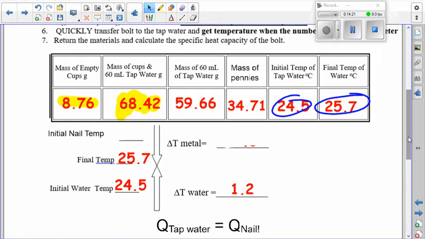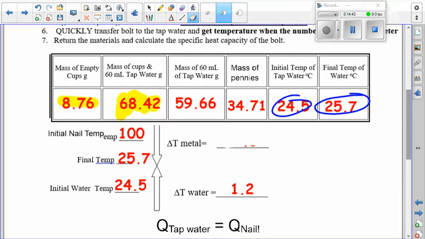Okay, now this part is a little bit trickier, the delta T of the metal. So what temperature does the nail start at? What temperature does the metal in general always start at in these labs? 100, because you boiled it for 5 minutes. Boiling water is always at what temperature? 100 degrees. So if something's in boiling water for 5 minutes, it's probably also 100 degrees. So the nail was at 100.